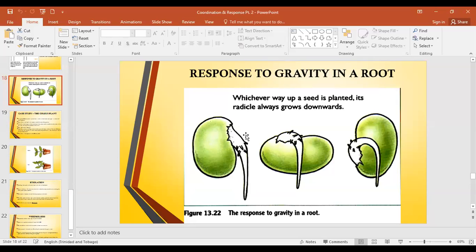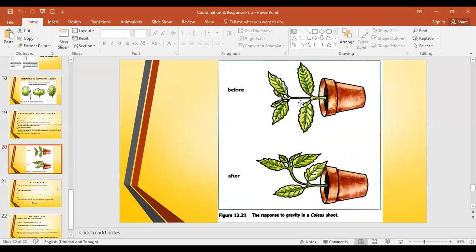But in the case of a shoot, like here, it will cause the shoot to always grow on the side where the light will be. In this experiment, they placed these two plants in a dark room, on their side.